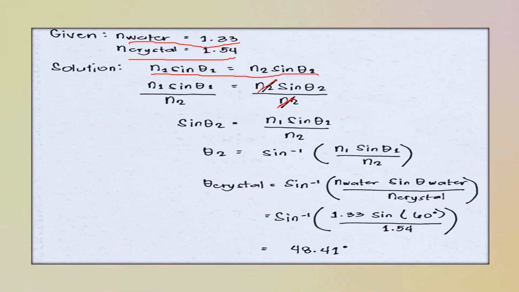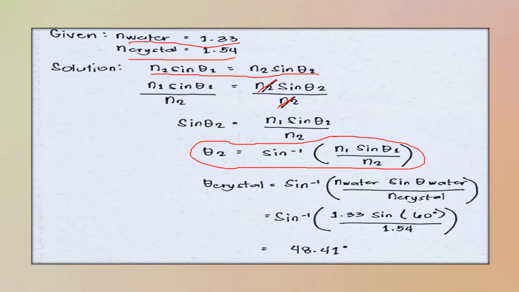And now, since we are looking for the refracted angle, we get the inverse sine of n1 sine theta 1 divided by n2. Okay, so this will be our formula in finding the refracted angle.